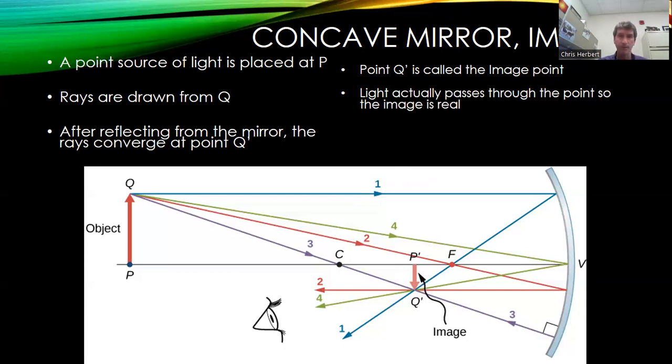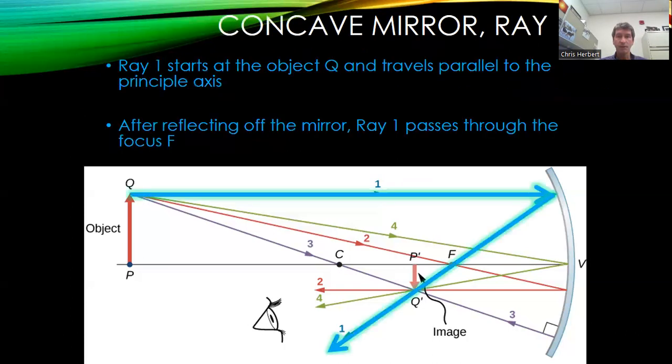How do we get these? Well, let's look at the first ray. The first ray starts out parallel, and once it reflects off the surface, it has to pass through the focus, okay? That's basically just the law of reflection. The angle of incidence has to be equal to the angle of reflection.